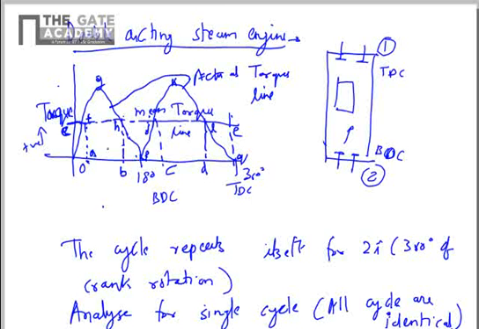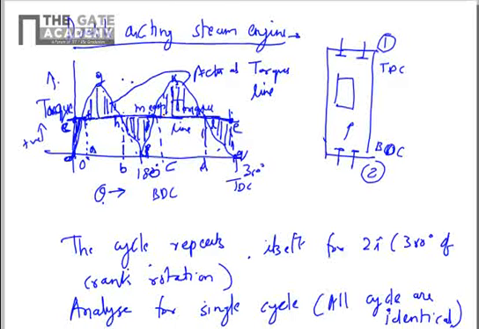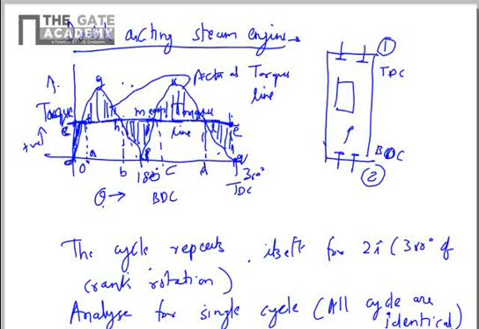So what does this mean from the graphical representation? You have torque on the y-axis and theta on the x-axis. So the work can be derived by taking the area under the torque-theta graph. If you take any element on the torque-theta graph, the area of the element will be equal to the torque multiplied by theta.